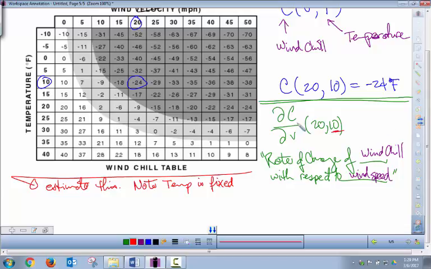And now we're going to look at the change in the wind speed. According to our table, there are two possible ways of change. We could change in the positive direction, we can change in the negative direction. So we'll look at both of those and maybe find an average. Temperature is fixed, change is in the wind speed.